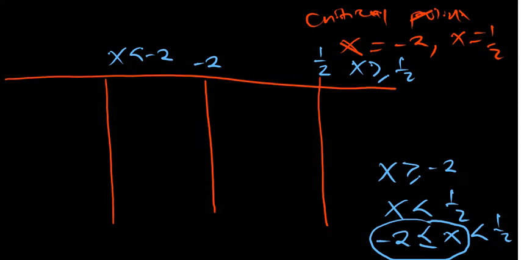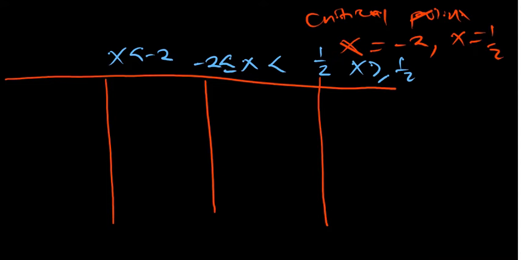So I'm going to just put this part in between. Then I'm done. I'm going to say negative 2 less than or equal to X, then X should be less than half. You have seen? Yes.